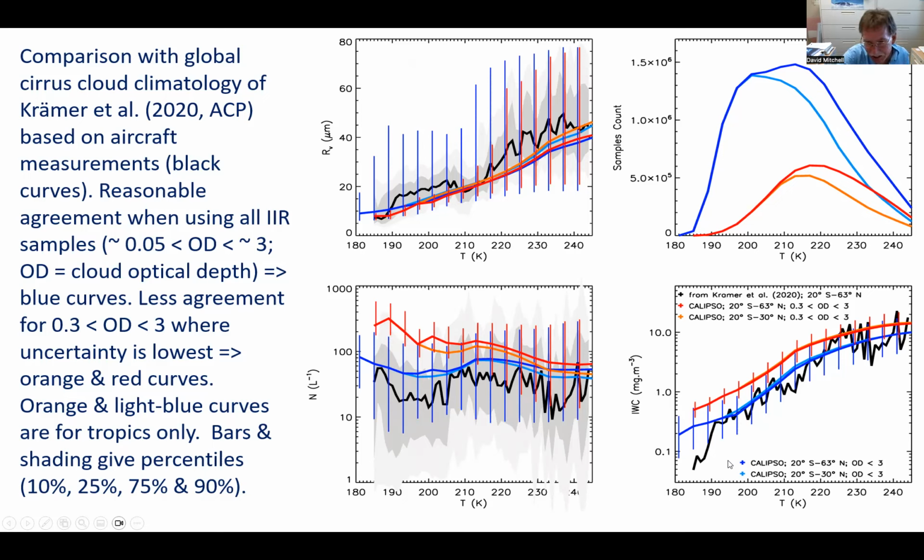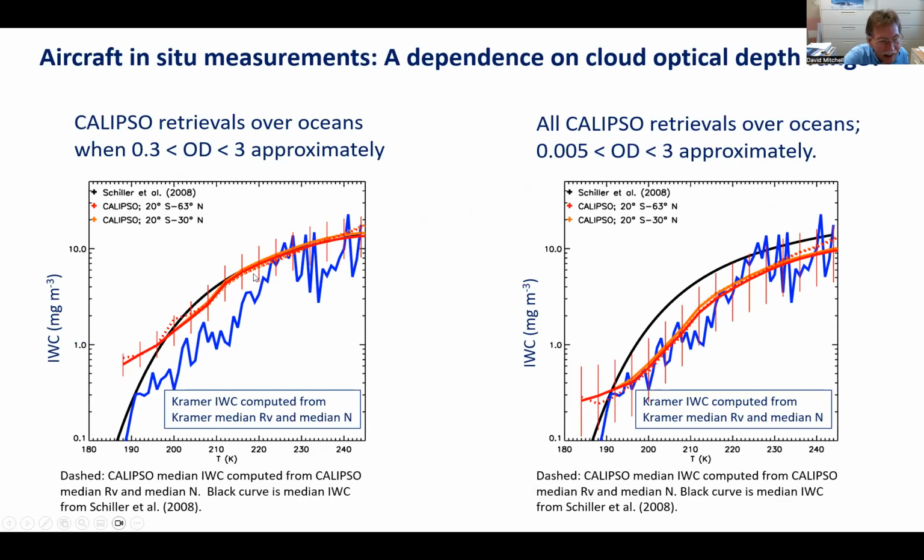So that was interesting. And then for ice water content, again, when we use all the optical depths that we could retrieve, 0.005 to 3, we get pretty good agreement, but less agreement when the clouds are optically thicker. So that motivated us to explore this issue a little deeper.